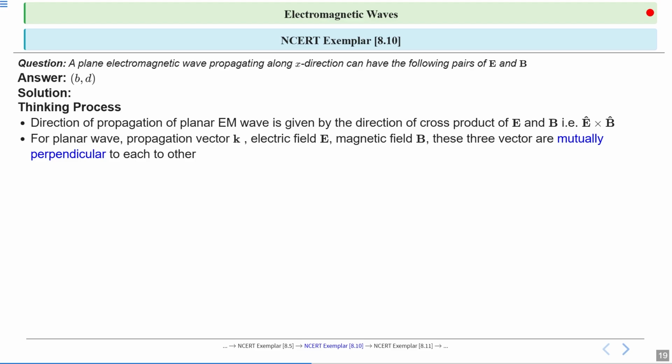Electric field E, magnetic field B and propagation vector K are mutually perpendicular to each other. If the direction of propagation is along the x direction, then electric field and magnetic field are perpendicular to the direction of propagation. So electric field and magnetic field should not have any component along the x-axis. So which options are correct? You have to determine that.